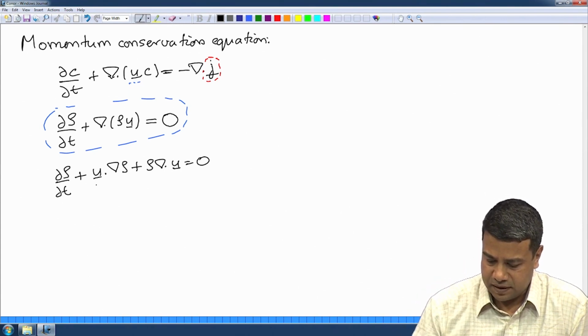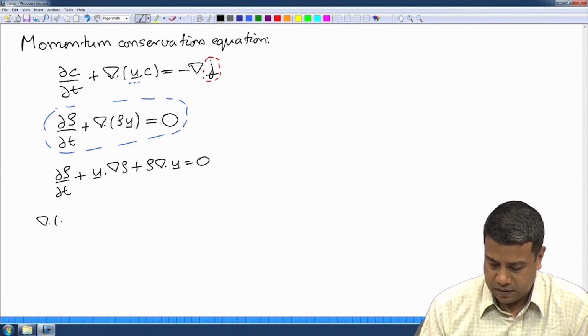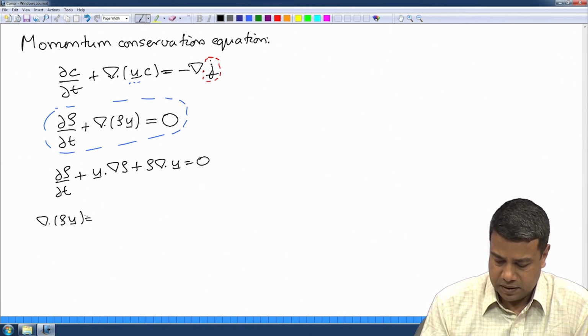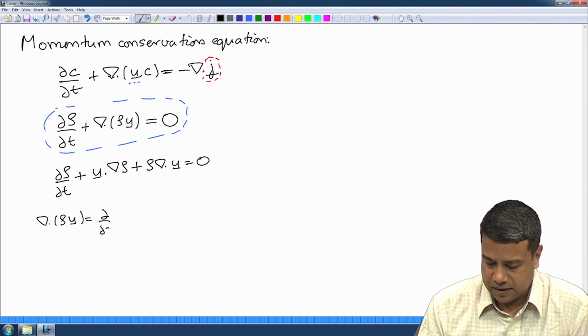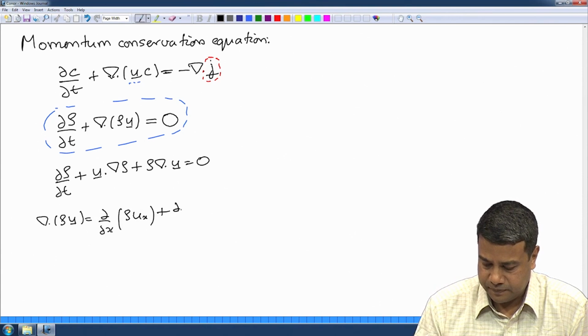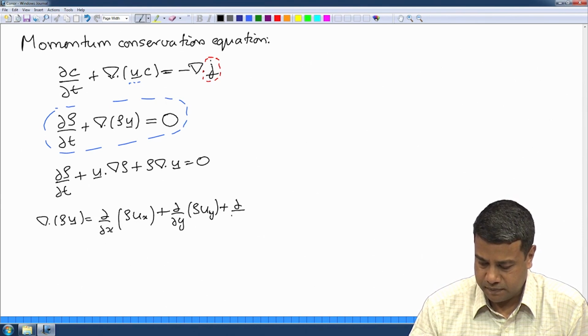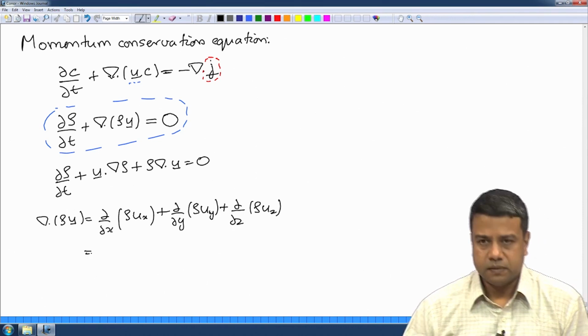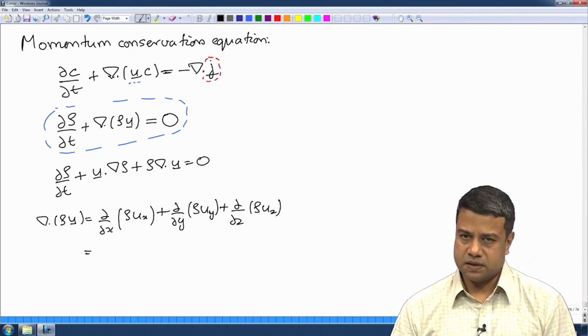If I take this term, del dot rho u, this is basically d by dx of rho ux, and I can differentiate using chain rule.